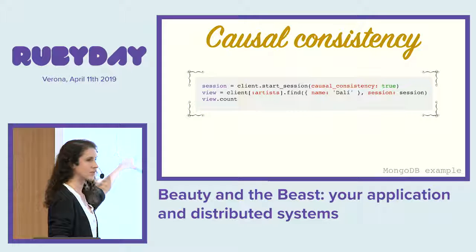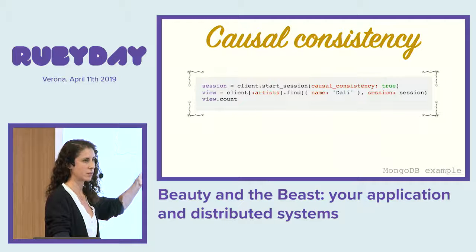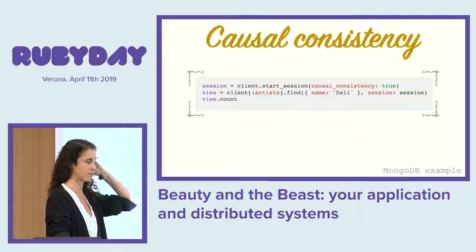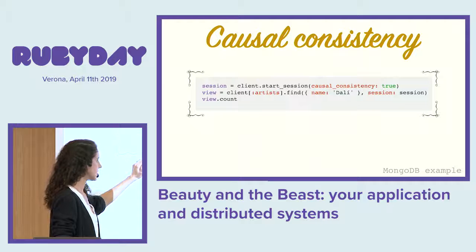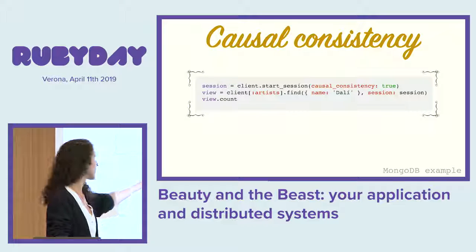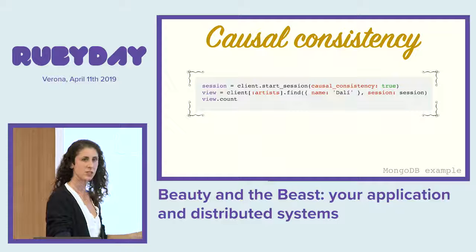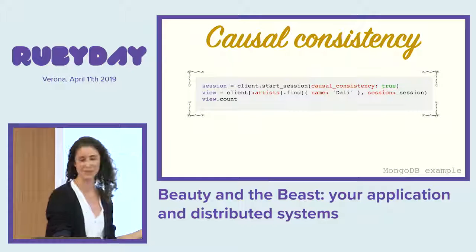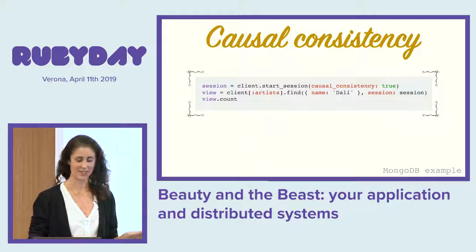And then I create a view, which is essentially like a pre-query on a collection, which is like a table if you're only familiar with relational databases. And it passes it that session. And then for that view, every operation it does will be causally consistent. So it'll never see the result of an operation before a previous operation. Okay, so that's causal consistency.